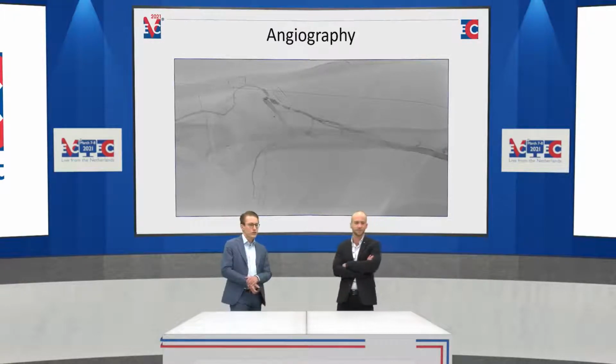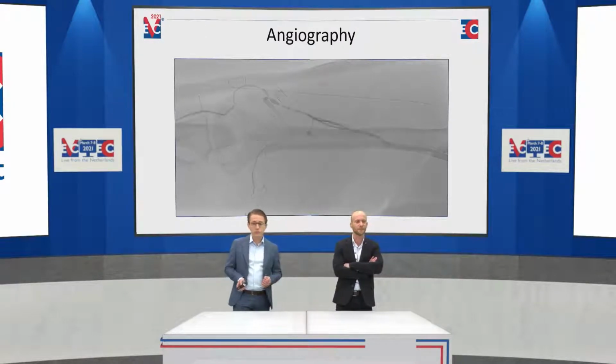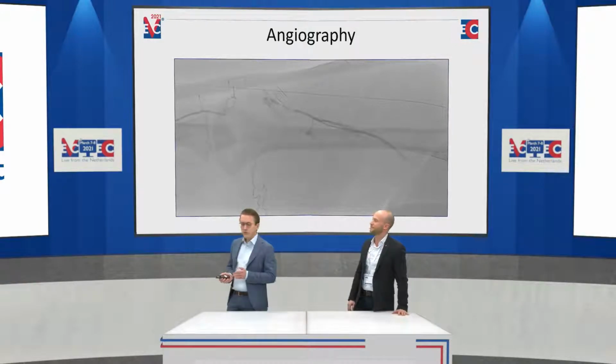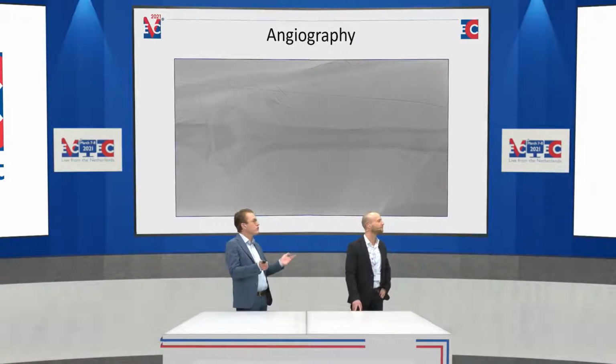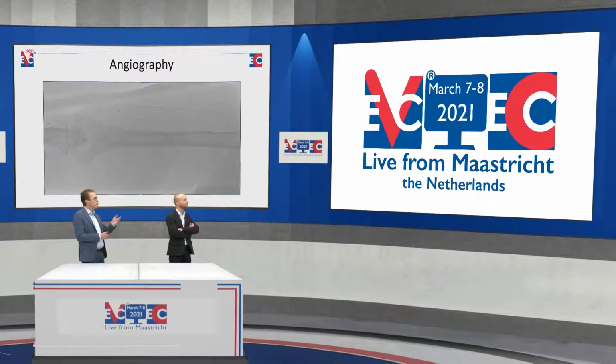Okay, thank you. And I think that being in the angiography suite, we will probably do a balloon angioplasty. I'm looking at Dr. Tozzi now. We have to decide which balloon to use before going into different types. Could you tell us your thoughts about the sizing of the balloon?